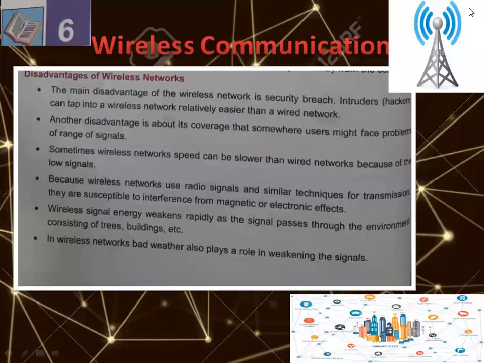Wireless communication is a term used to describe communication between two or more devices without any physical connection.